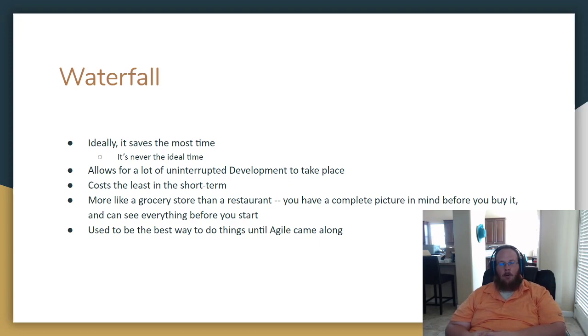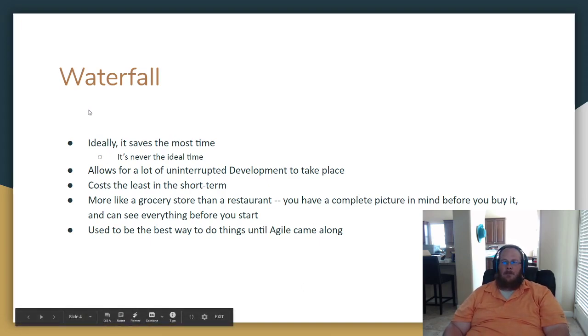And waterfall is terrible with managing those kinds of expectations, because it really is at the very end that you get the product, and whatever it is has to work. Because if it doesn't, you don't have any time left to fix it. And that's bad.